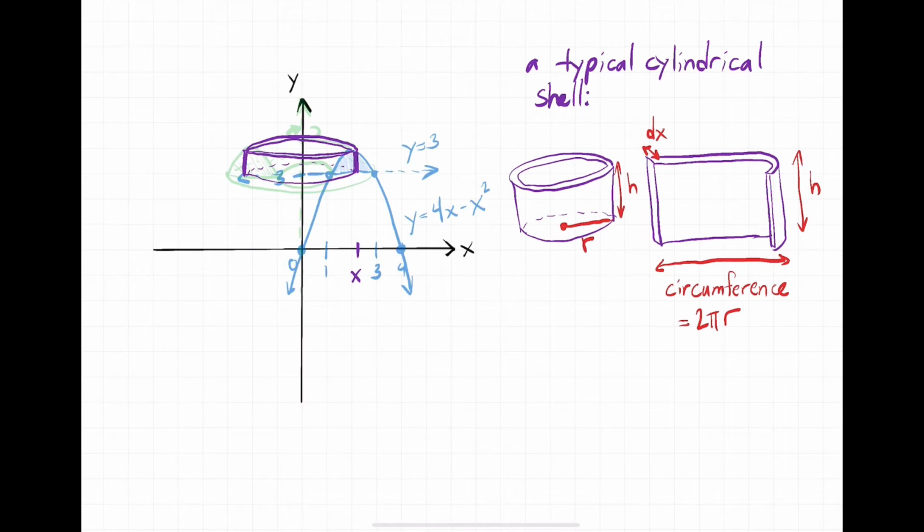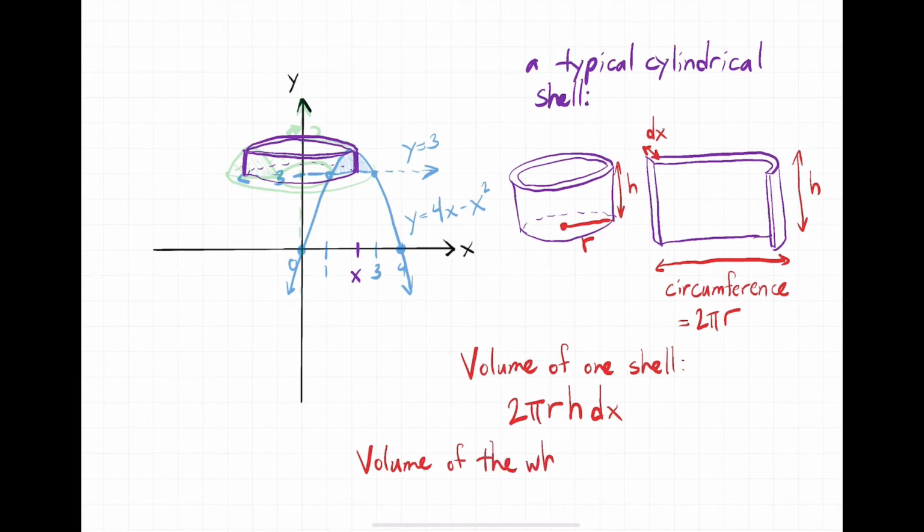So the volume of one cylindrical shell is going to be the length times the height times the width, which is going to be 2 pi r h dx. And therefore, the volume of the whole solid is the integral of this expression.